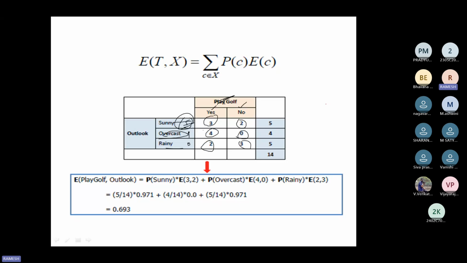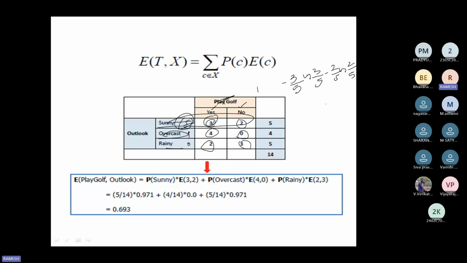Now I am calculating the entropy of sunny, same probability formula: minus 3 by 5 log 3 by 5 minus 2 by 5 log 2 by 5. This is the entropy of sunny.